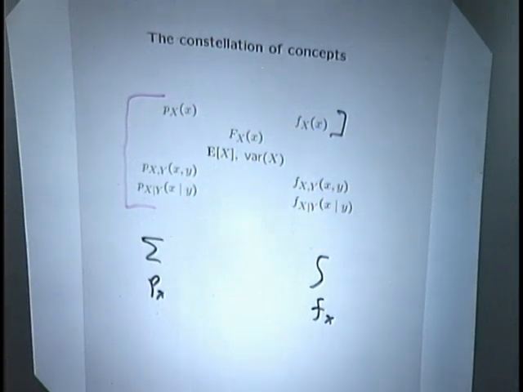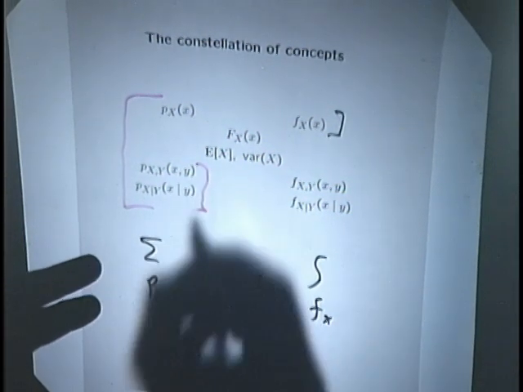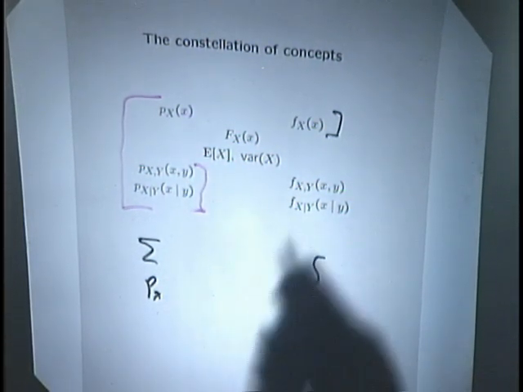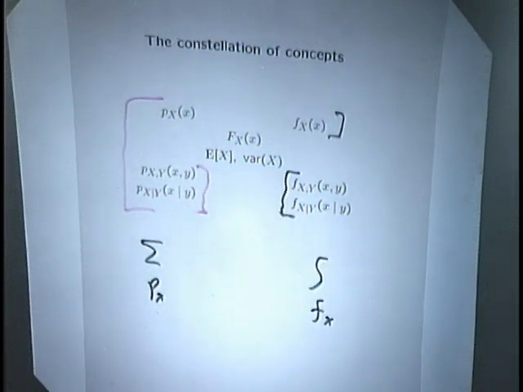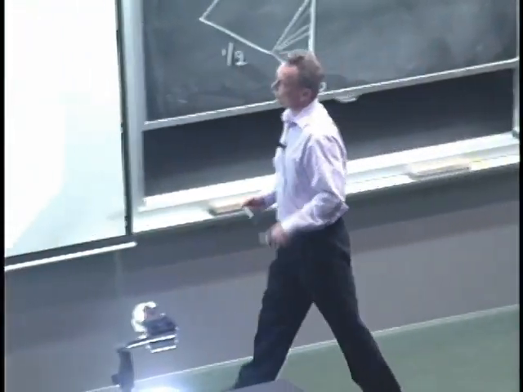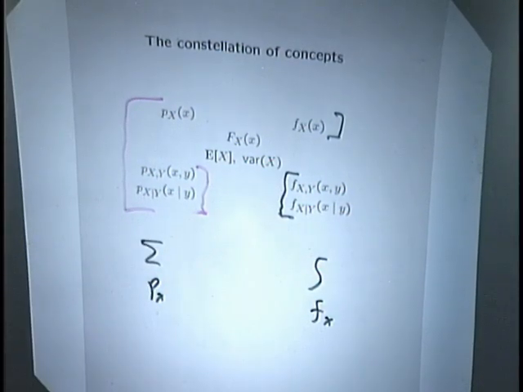So what's left for us to do is to look at these two concepts, joint probability mass functions and conditional mass functions, and figure out what would be the equivalent concepts on the continuous side. So we will need some notion of a joint density when we're dealing with multiple random variables, and we will also need the concept of a conditional density, again for the case of continuous random variables.